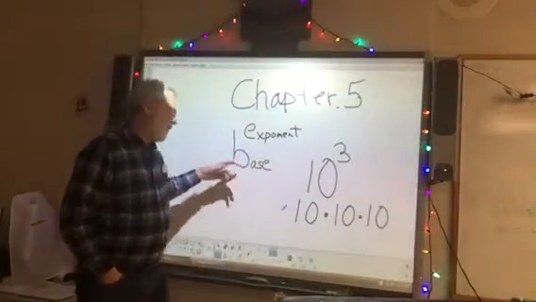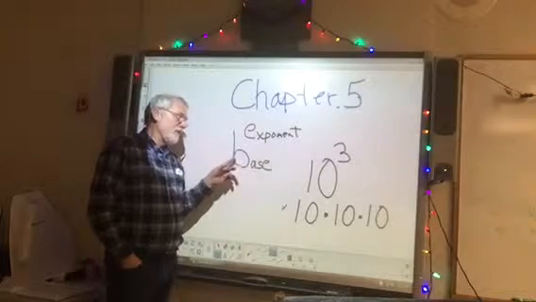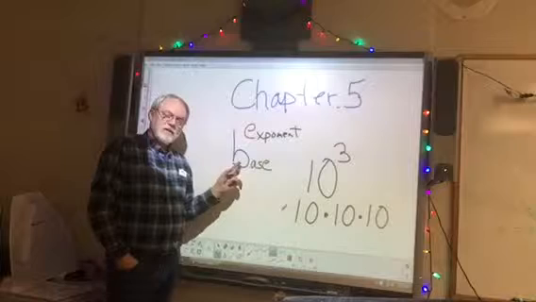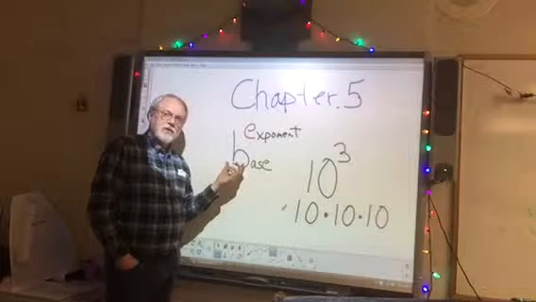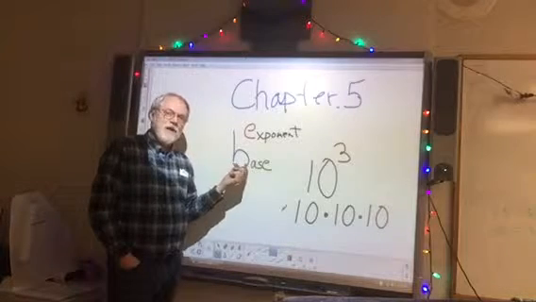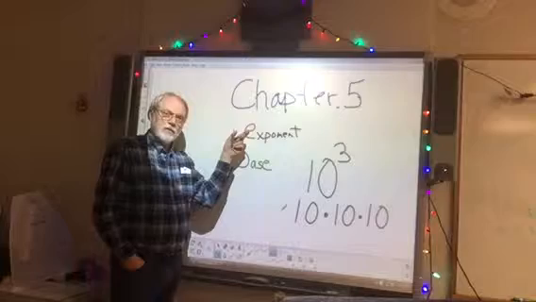Just as a reminder, when you're dealing with exponents, you have a base and you have an exponent. The base is a number or expression or variable that is used as a factor exponent number of times.